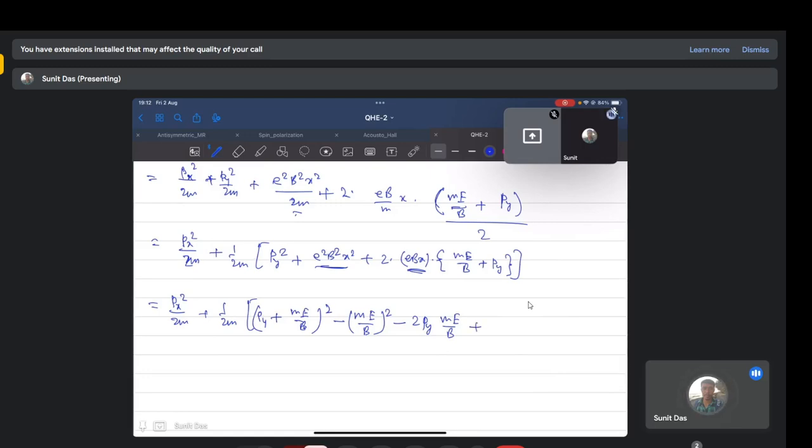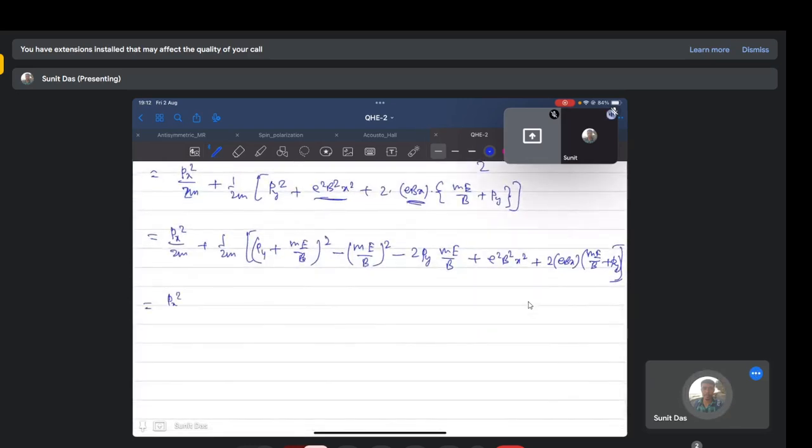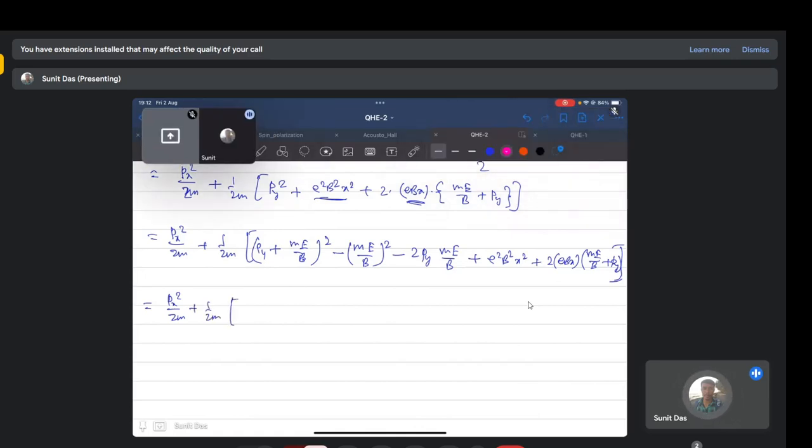And then it was as usual e square B square x square plus 2 eBx, mE by B plus py. This is the term. So again, keep px square as it is plus 1 by 2m. We are collecting these terms, this term, this term, and this term.